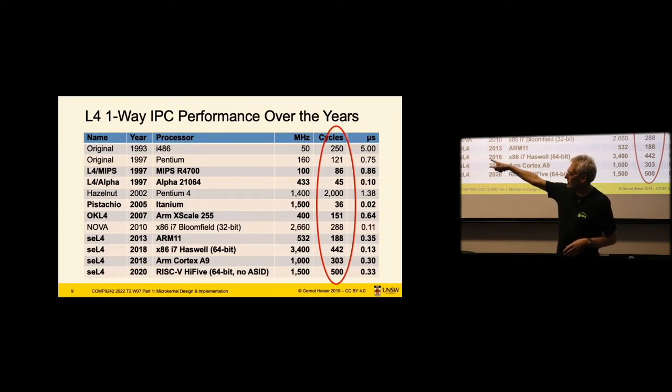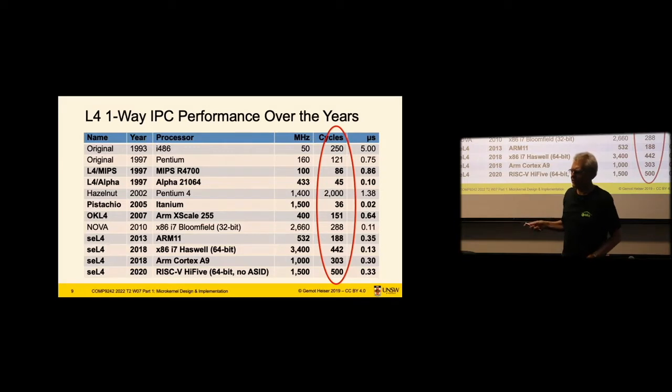And then on the RISC architectures, you see that generally around the 100, 200, 300 cycle marks. And even Intel has improved recently in being more context switch friendly. On RISC-V, the 500 cycles, that's not particularly well optimized.